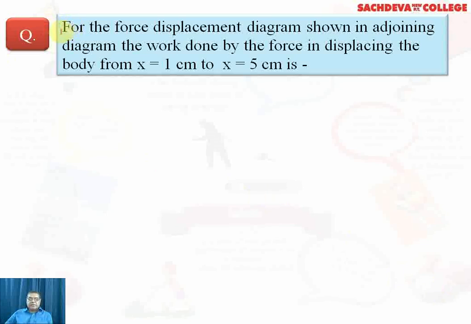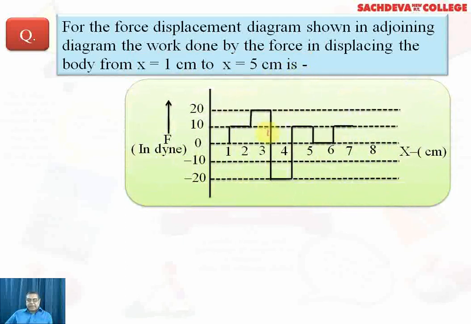Now our question is: for the force displacement diagram shown in the adjoining diagram, find the work done by the force in displacing the body from x equal to 1 to x equal to 5. It is clear in the figure that the force is on the y-axis and displacement on the x-axis.